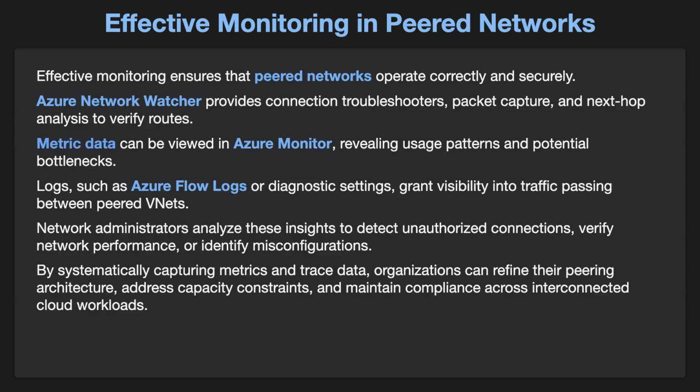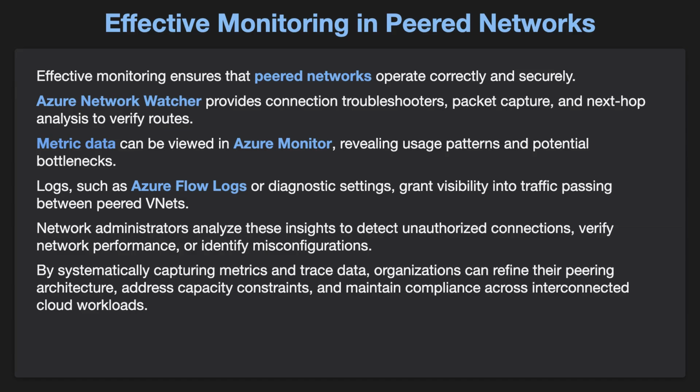Effective monitoring ensures that peered networks operate correctly and securely. Azure Network Watcher provides connection troubleshooters, packet capture, and next-hop analysis to verify routes. Metric data can be viewed in Azure Monitor, revealing usage patterns and potential bottlenecks. Logs, such as Azure Flow logs or diagnostic settings, grant visibility into traffic passing between peered VNets.